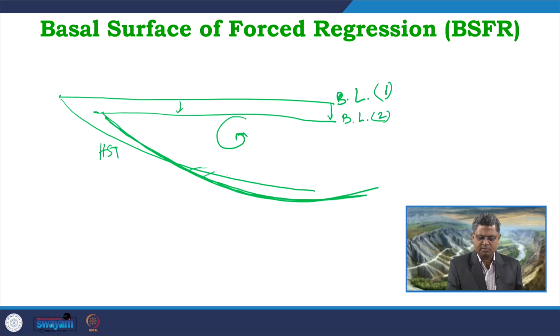So, this part of the substrate is eroded and erosion is going on over here. What is happening now? This particular zone is the area where sediments are accumulating. They are not reworked or eroded by the wave processes or shallow marine processes.